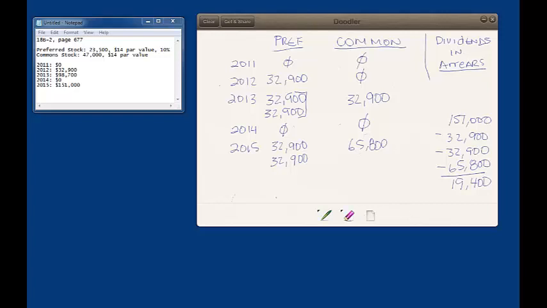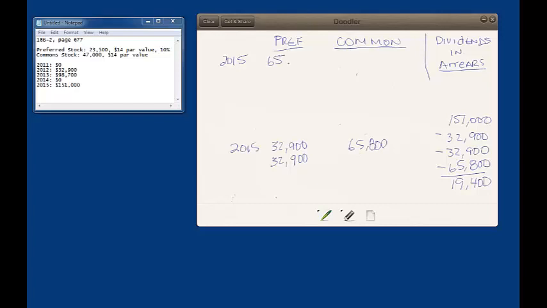I'm just going to erase some of this up here and move these numbers up a little bit so I have some more room to write. The 65,800 is just the sum of those 2 numbers. I'm just combining it. Nothing fancy. No tricks.